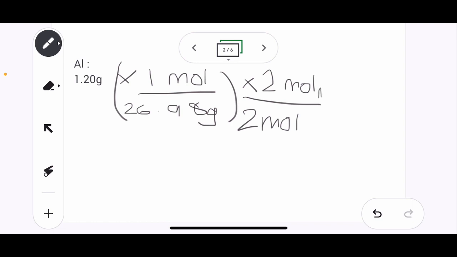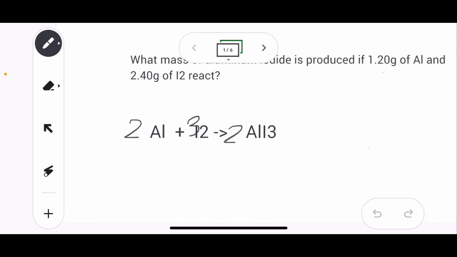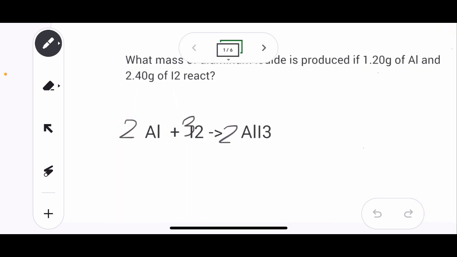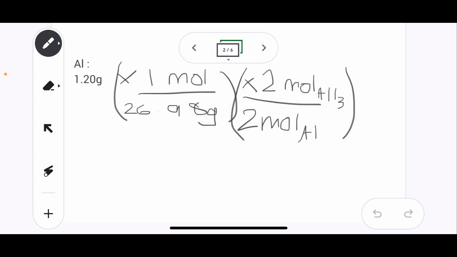And we are going to label these so that we do not get confused. This is aluminum iodide and this is aluminum. For the molar ratio, we are looking at the coefficients in front of the reactant and product to know how many moles we are going to put for the molar ratio conversion.